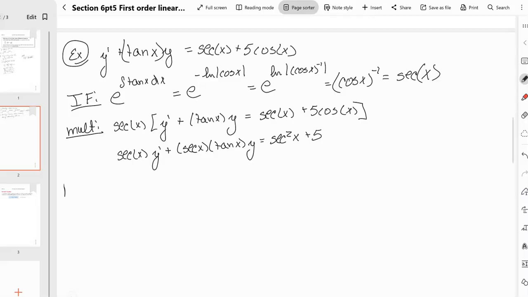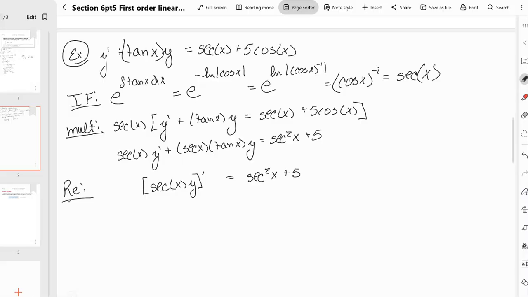So now we're going to do our rewrite step. In this rewrite step, we're going to take the derivative of the integrating factor times y. And this is always a good place to check, because this step has to be equivalent to what we have above. So let's try it.